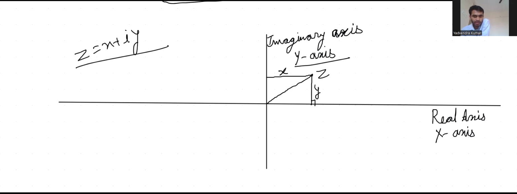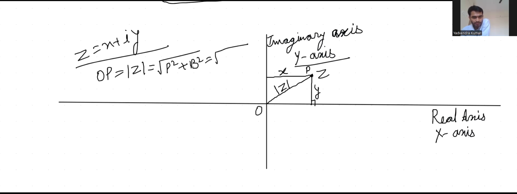So this is actually the modulus of z. If you call this point P and the origin O, then OP is the modulus of z, and of course it's a right angle triangle. So root under perpendicular square plus base square, which is root under x square plus y square, right?